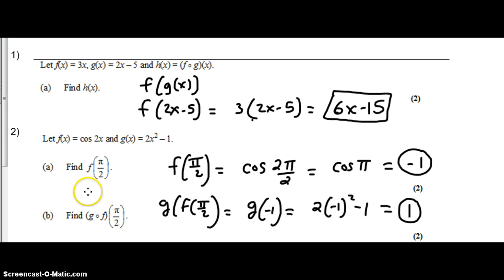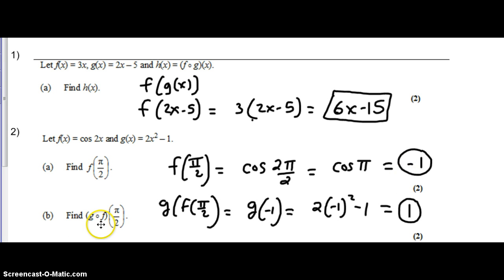For part 2, they pulled in some trig functions. So first you had to find f of pi over 2. So we just substitute in pi over 2 for x, and that would result in cosine of pi, which we know is -1.